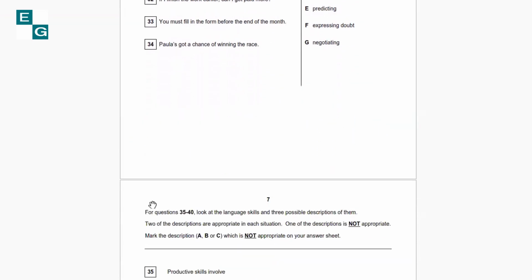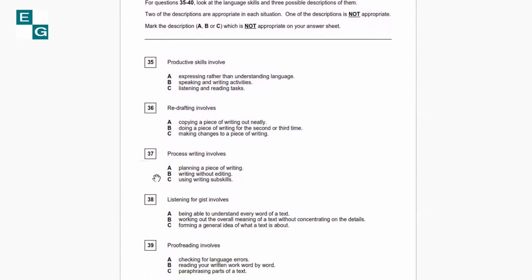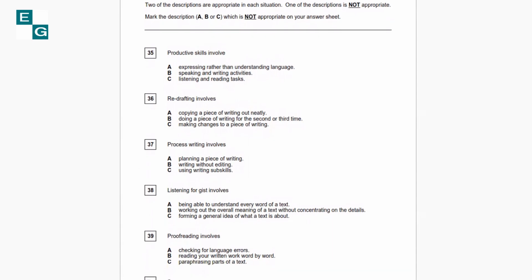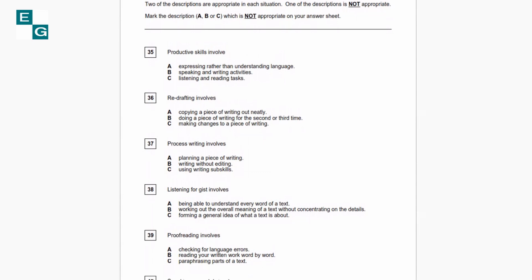And here we have, for questions 35 through 40, look at the language skills and three possible descriptions of them. Two of the descriptions are appropriate in each situation. One of the descriptions is not appropriate.